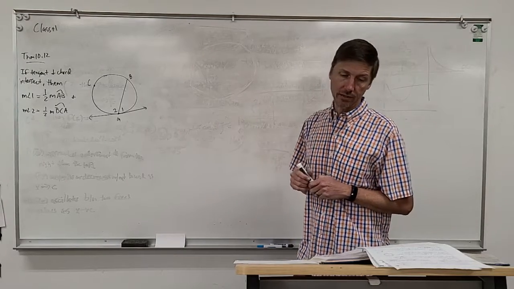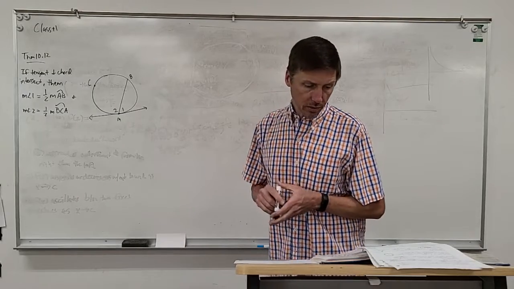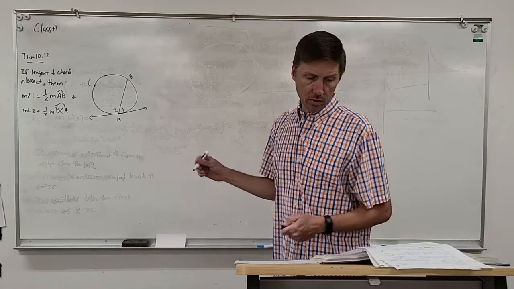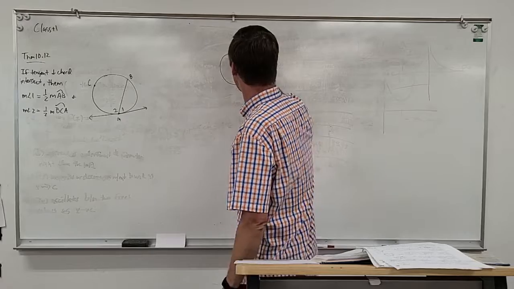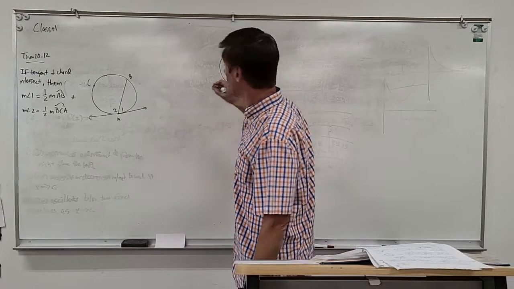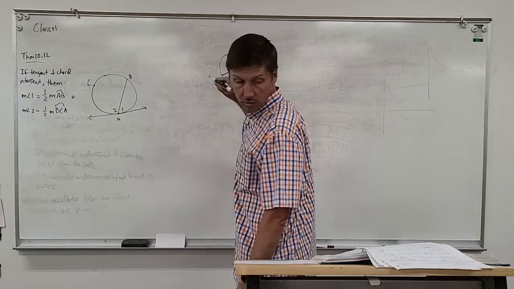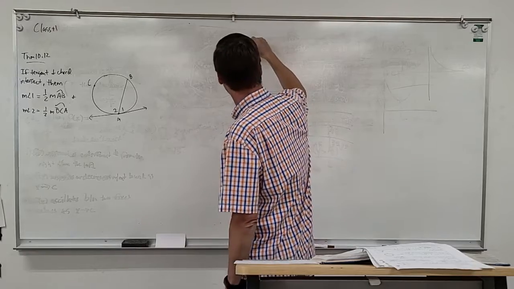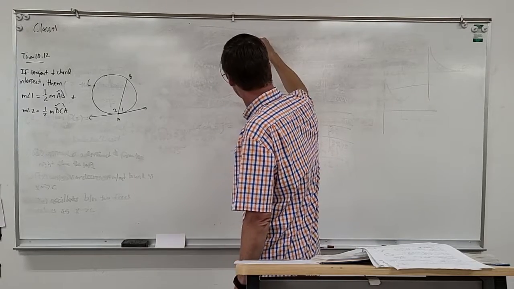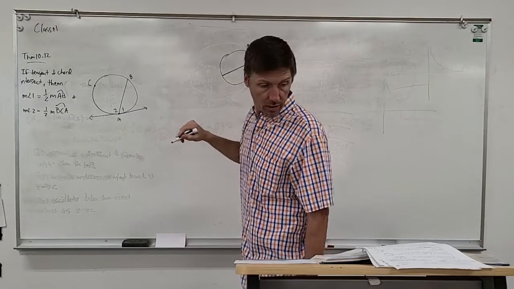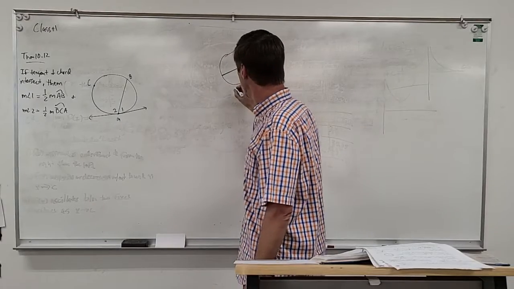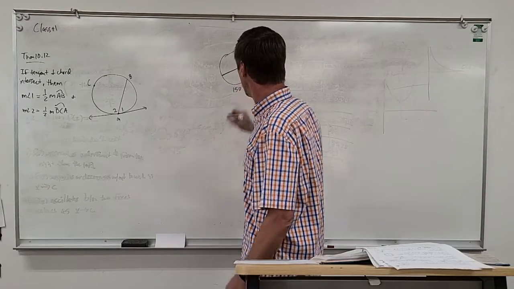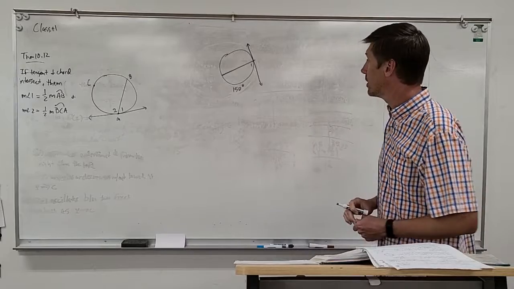So if we look at the first one, it's really easy. They give us this, and they say this is angle 1, and this arc is 150, and I want to know what the measure of angle 1 is.